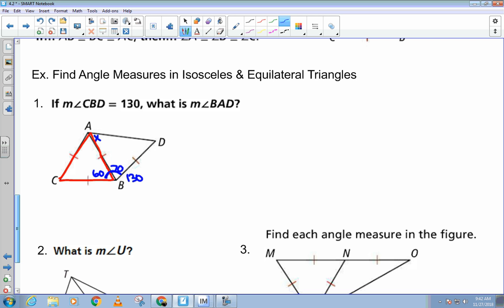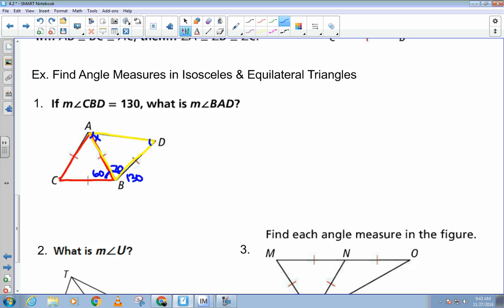Okay. So now we're working with this one right here. What kind of triangle is it? This is an isosceles triangle, right? And what do we know about isosceles triangles? Sides are congruent so the base angles are congruent.